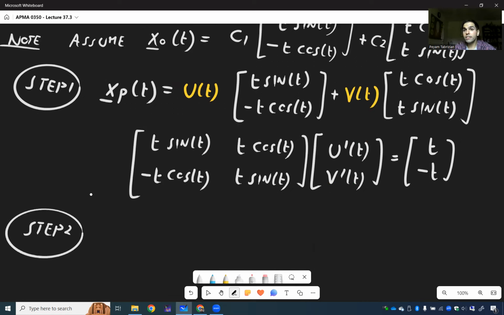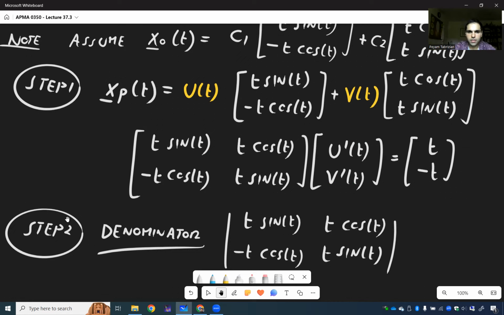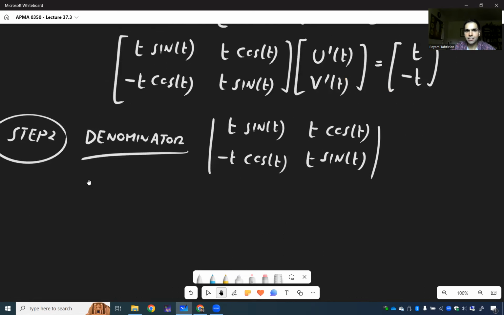So first of all, let's deal with the denominator. It's like the terminator of math, the denominator. So t sin t, -t cos t, t cos t, and then t sin t. So again, AD minus BC.